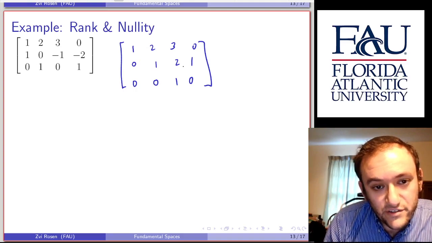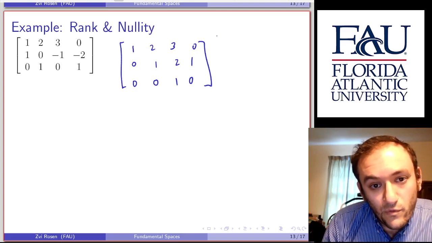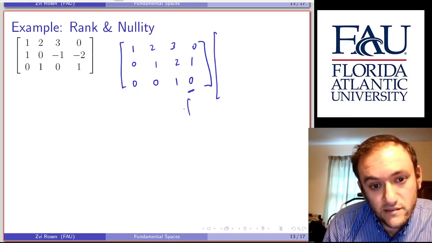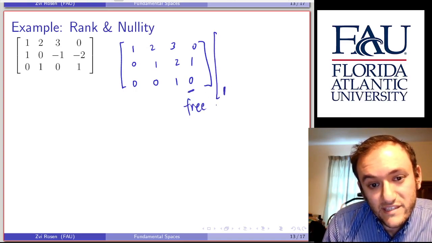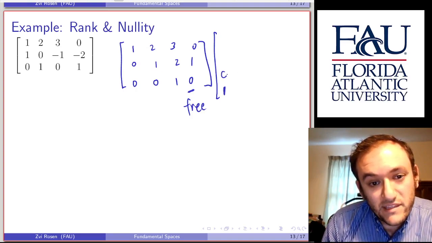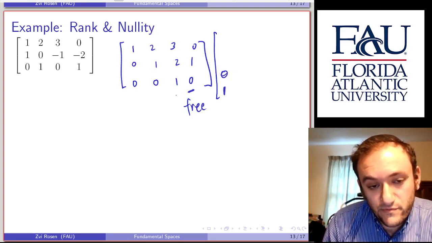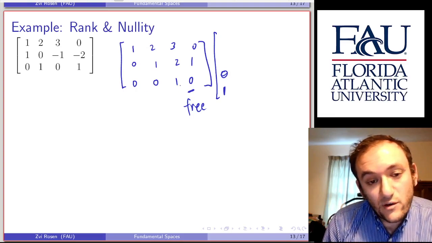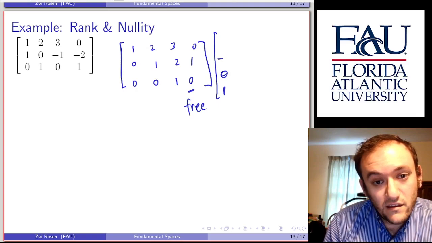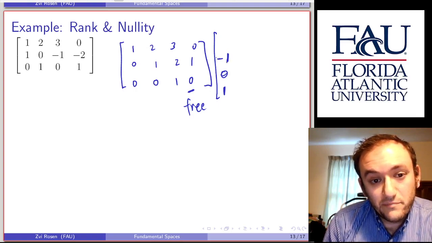So which vectors does this send to 0? Well, we have to use the free variable, which is this guy. If we set that to 1, then from the third row, x3 will be 0. From the second row, x2 will be minus 1.